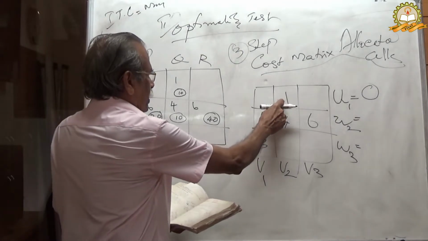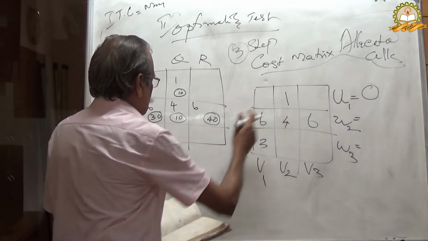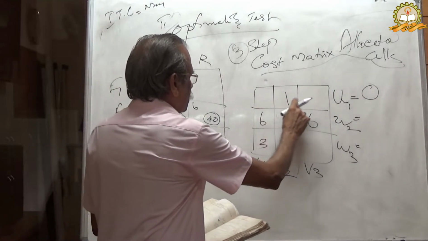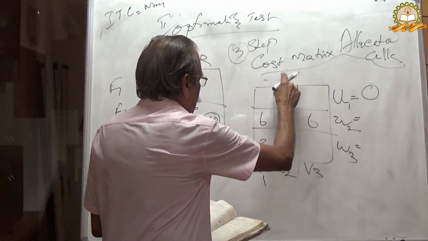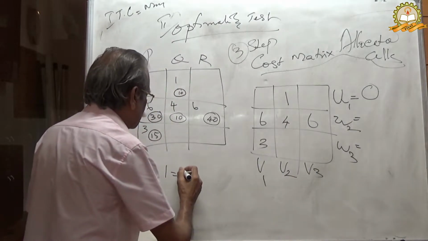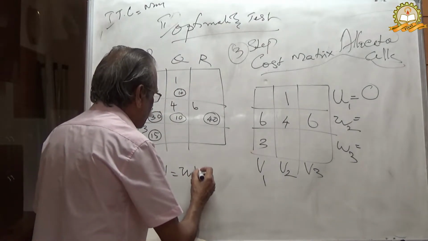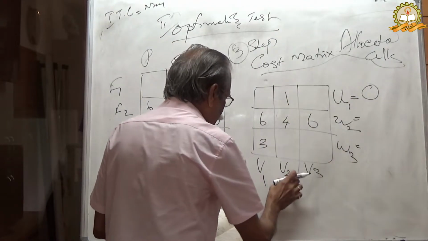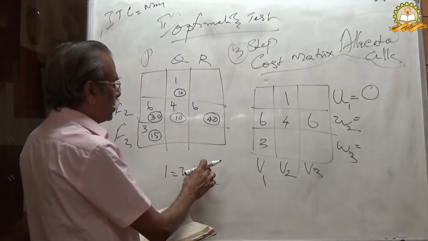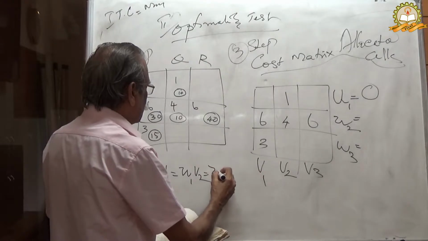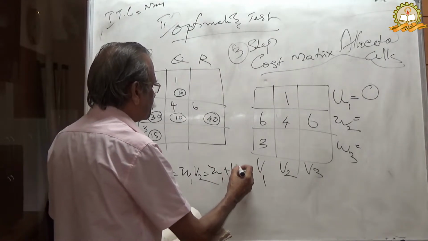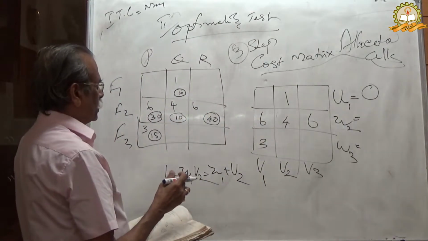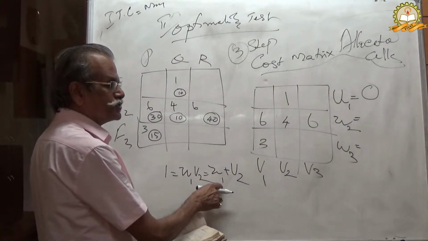As done earlier, 1 is equal to row number 1 and V2. Therefore, you write U1, V2, that is, u1 plus v2, and u1 equal to 0 always.